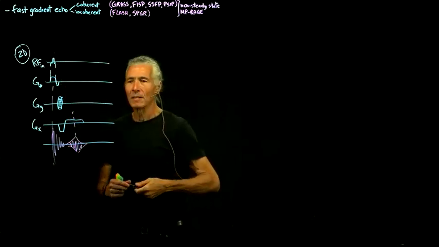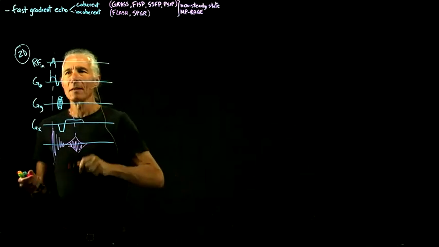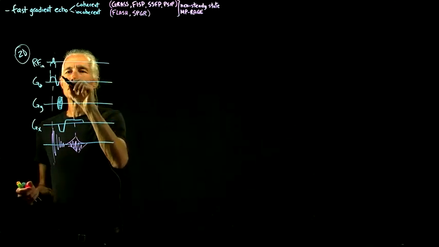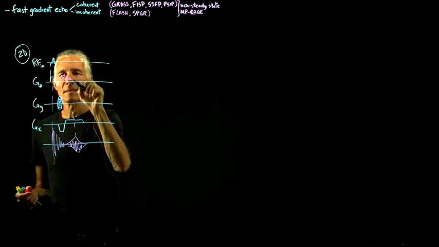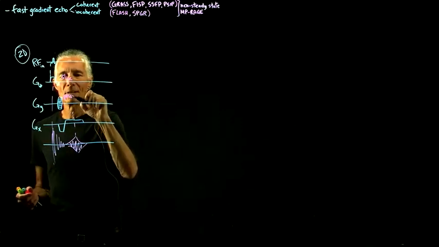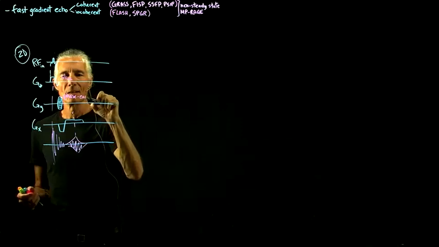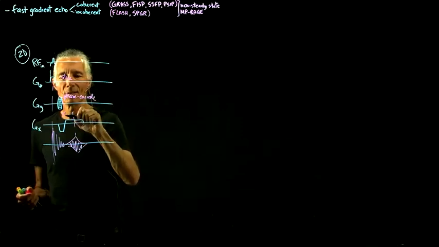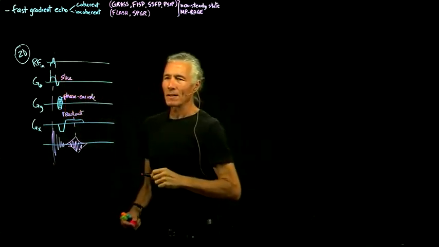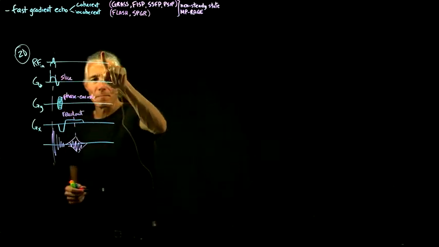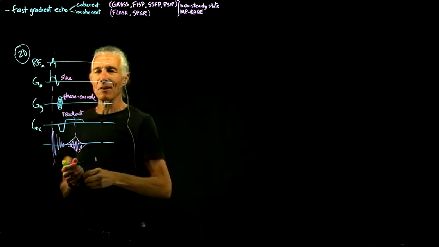This is our slice select. This is the phase encode. This is the readout. And then we wait a long time. That's why it's slow.